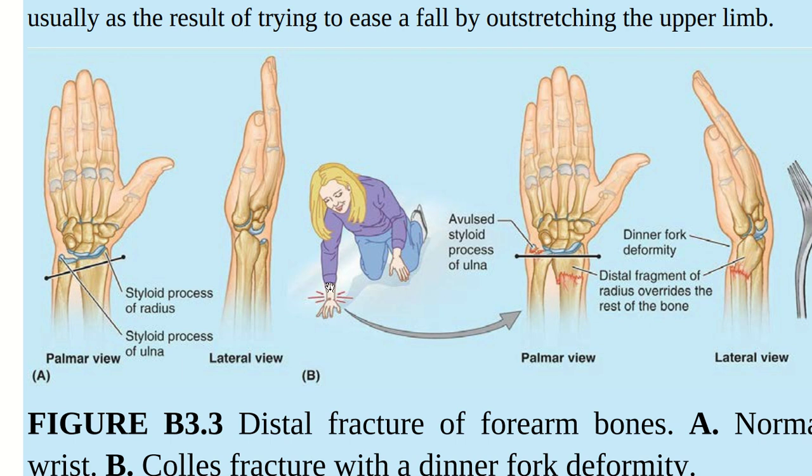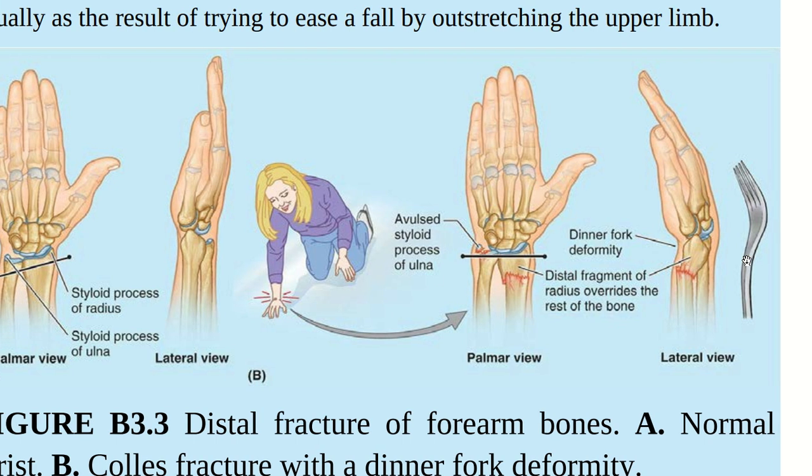But if the patient falls on the back of the hand, you're actually going to have the opposite of Colles fracture, where the distal portion is placed anteriorly, right? That is what you call Smith's fracture. So Smith's fracture is due to a fall on the back of the hand. Colles fracture is due to a fall on the outstretched hand.